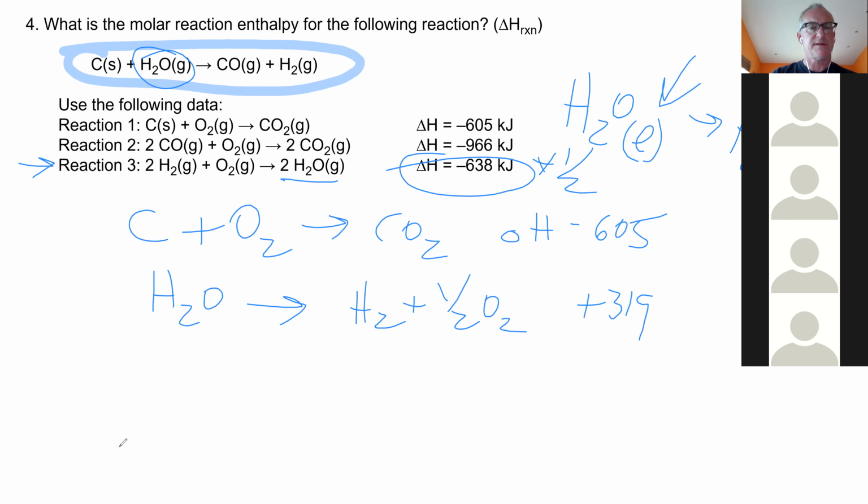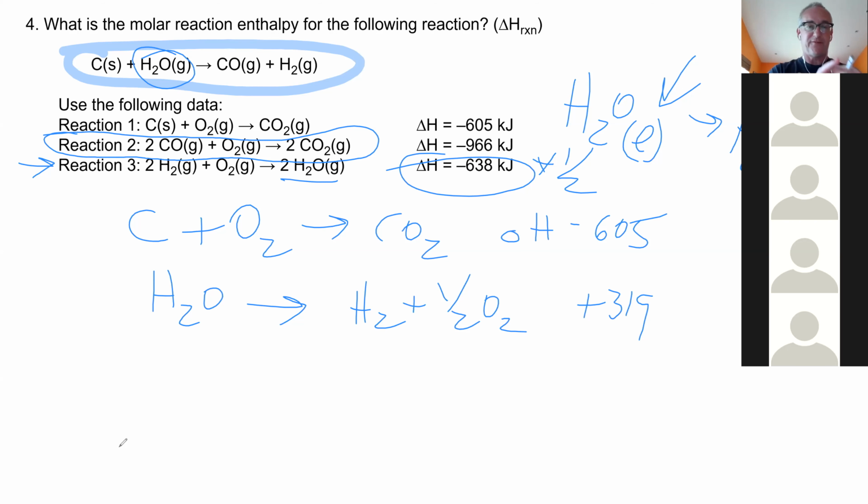Okay, so now I've got my 2 reactants. Now products, I want carbon monoxide as a product. Where am I going to find carbon monoxide? Number 2. So there's my carbon monoxide. But again, I have an issue because there's 2 moles of carbon monoxide and I only want 1.